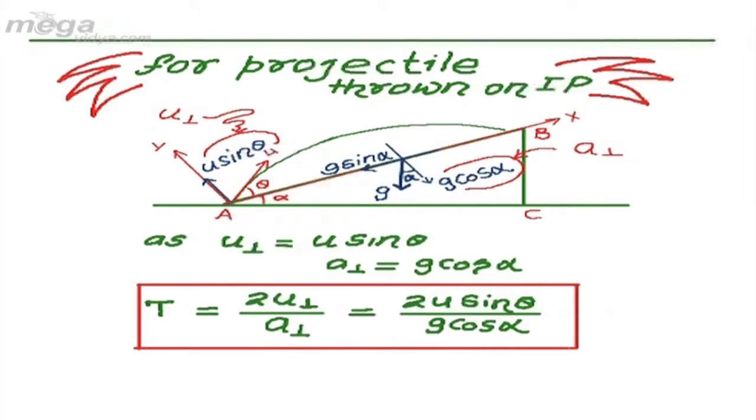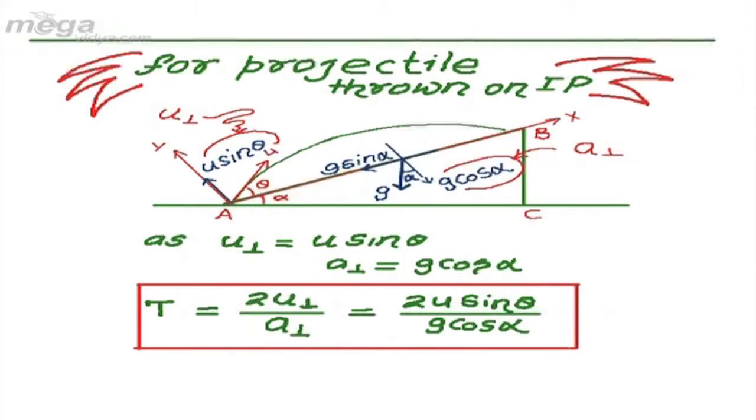So I am taking u perpendicular as u sine theta, and as g is vertically downward, its one component, g cos alpha, will be perpendicular to the plane over which this projectile has been thrown.